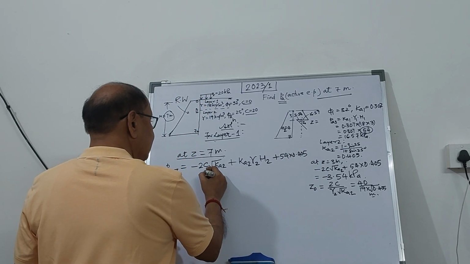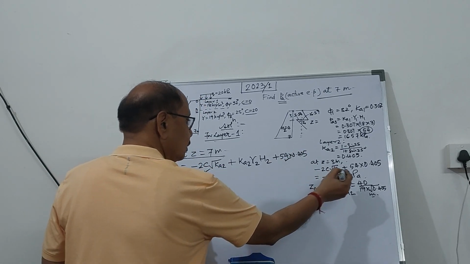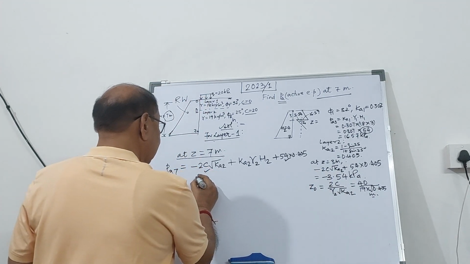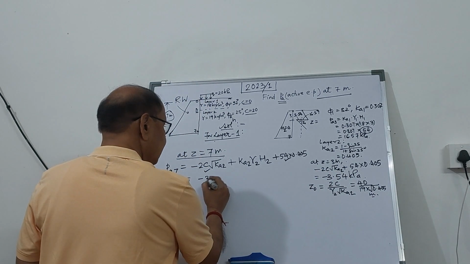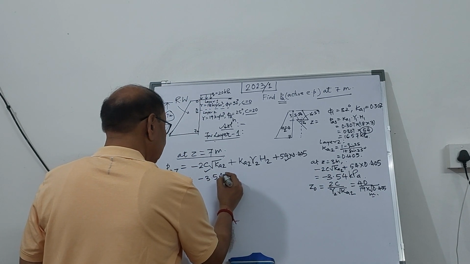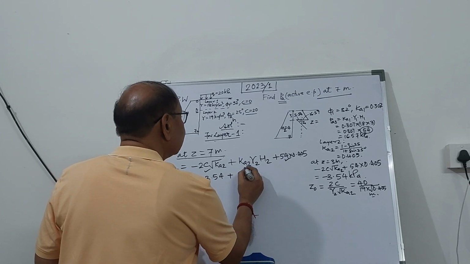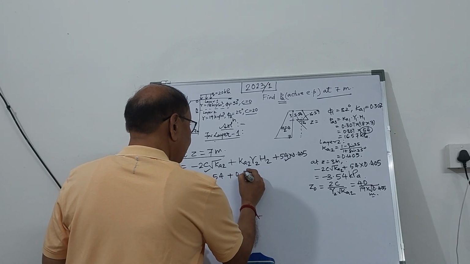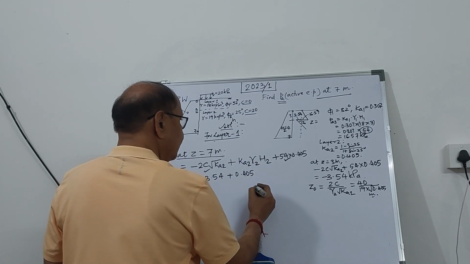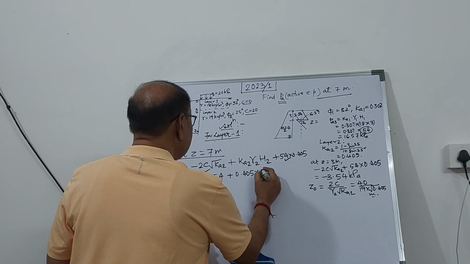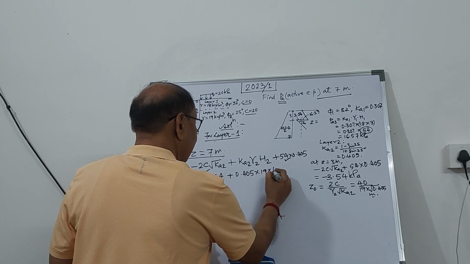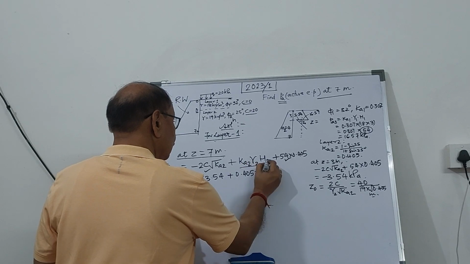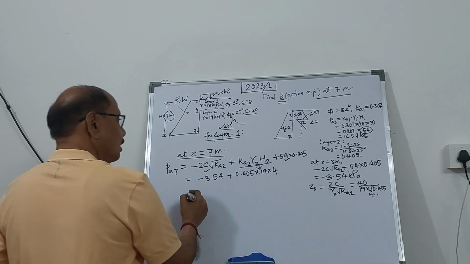Now this and this value comes together as minus 3.54 plus K2 is 0.405 multiplied by gamma 2 multiplied by H2. So this value is this.